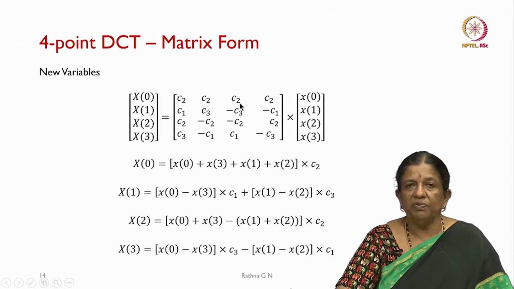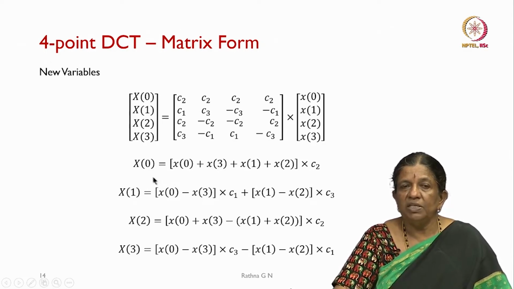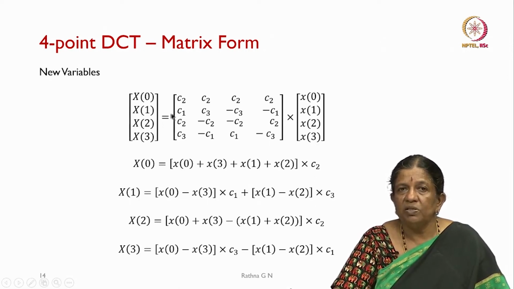Okay. So, some of the new variables, how we can modify it: we know that it is C2, this is x of 0, and we have rewritten it. Now, what is our x of 0? We have to sum up all this and multiply by C2. Same way for x of 1, it is x of 0 minus x of 3 into C1 plus x of 1 minus x of 2 into C3, because we will be combining this C1 and this C1, and this C3 and this C3.